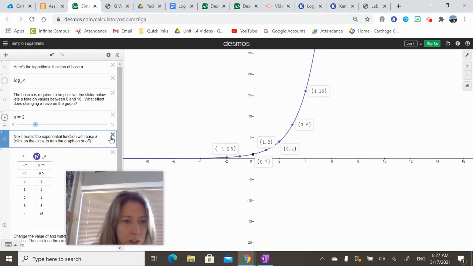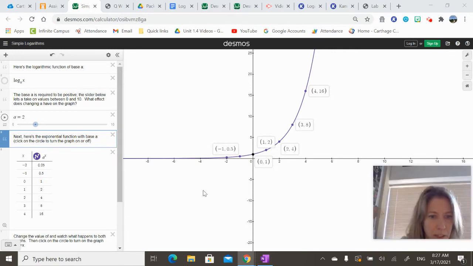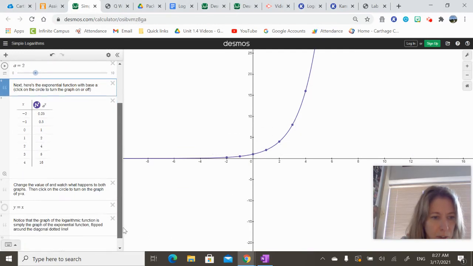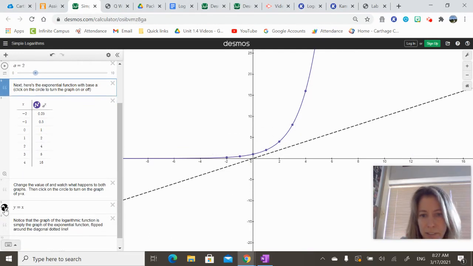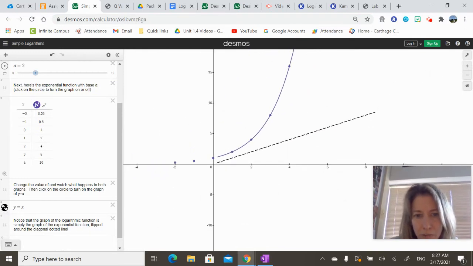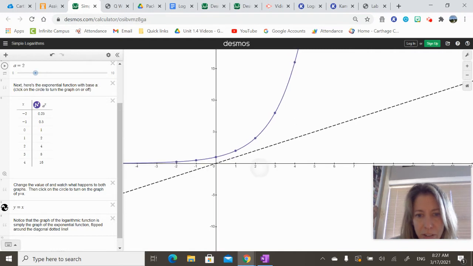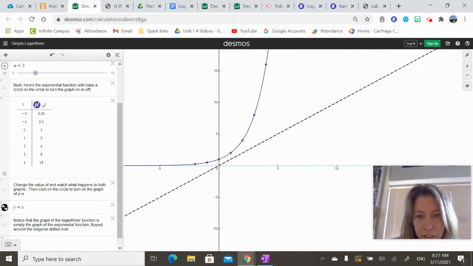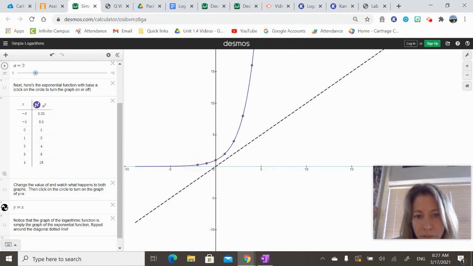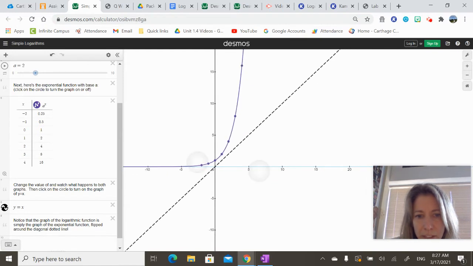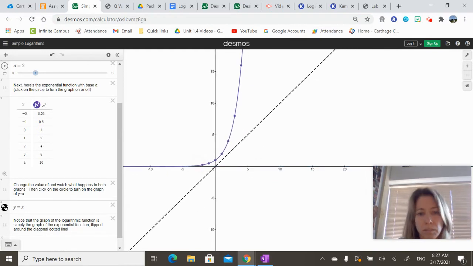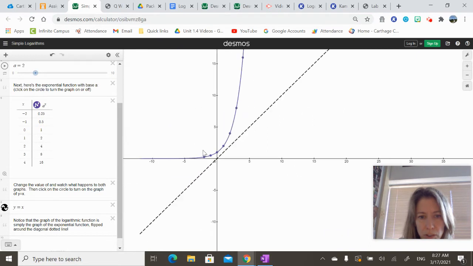I'm going to show you the graph of y equals x. My scale is off, so it doesn't really look like the 45-degree angle that it should. If I do this, it'll make it look better. Now the x and y scales are a little closer.